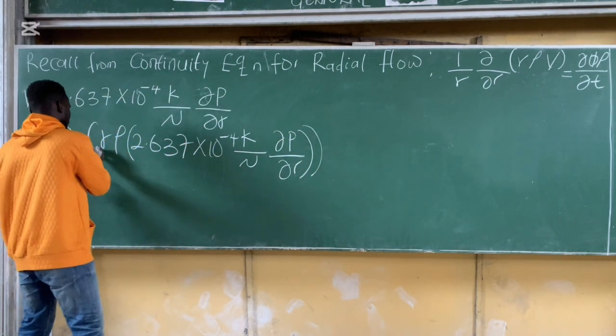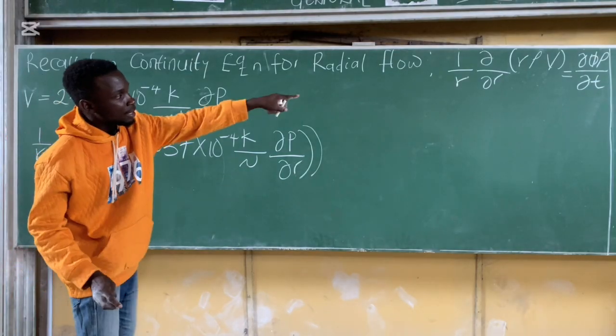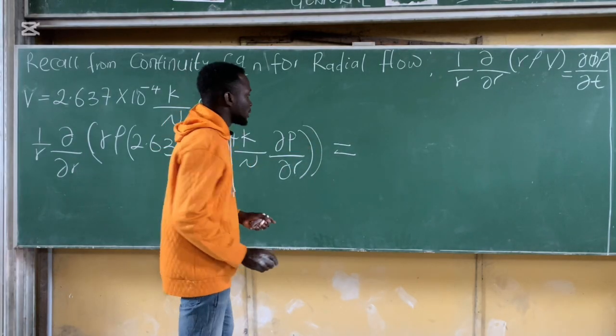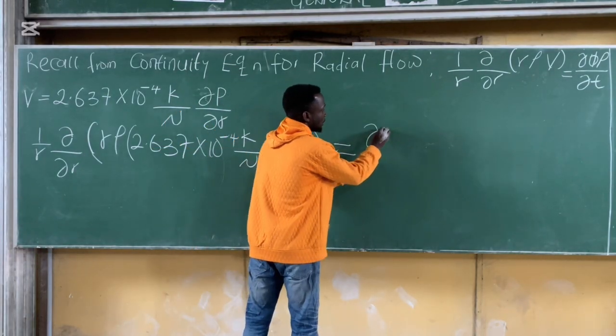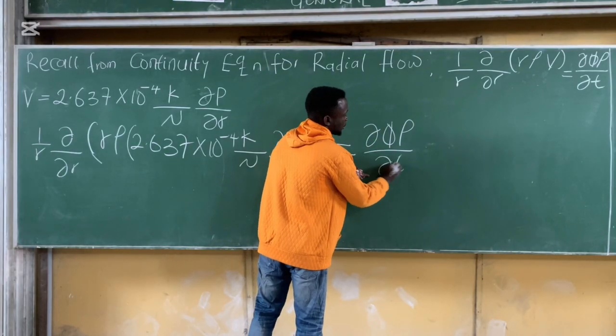Since we have substituted v, this is equal to d(phi rho) over dt. So let's write it out: d(phi rho) divided by dt.